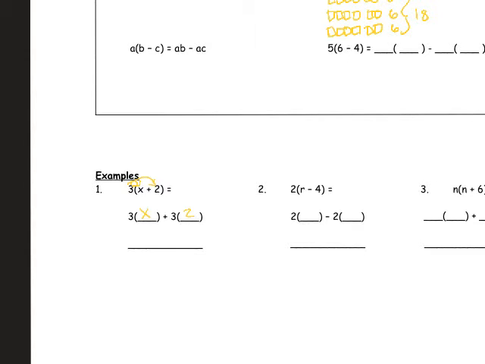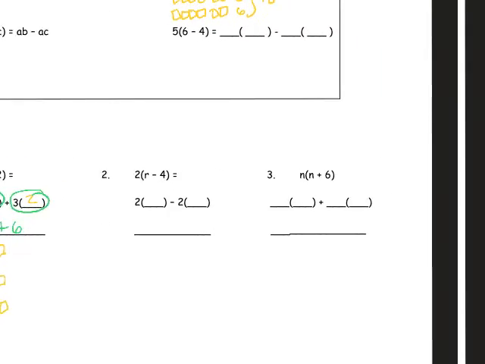Again, with algebra tiles, what I'd want you to see is here's x, here's plus 2, and here's x plus 2 3 times. So what I really have is 3x plus 6, right? I have 3 x's, and I have 6 yellow boxes. Well, that's the same as 3 times x and 3 times 2.